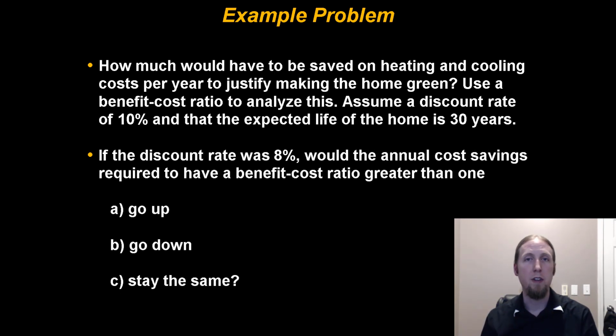Next, if the discount rate was 8% instead of 10%, would the annual cost savings required to have a benefit cost ratio greater than 1 go up, go down, or stay the same?